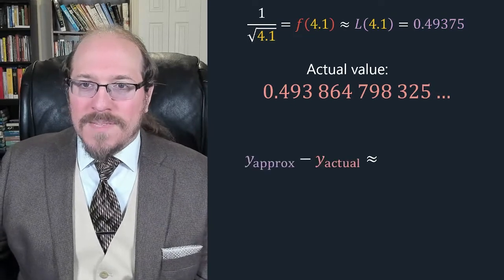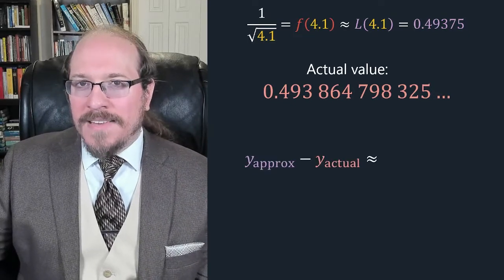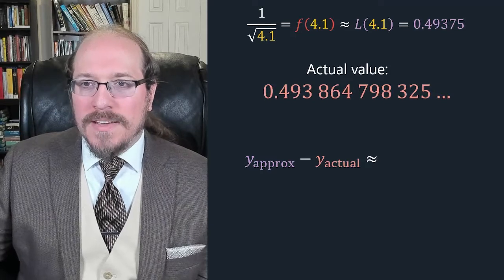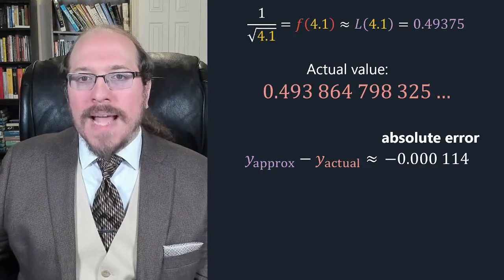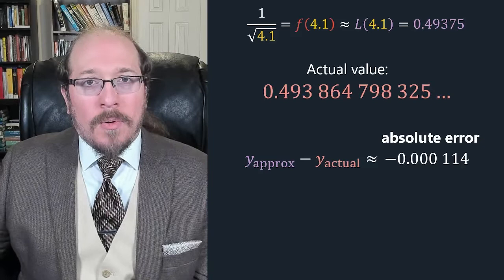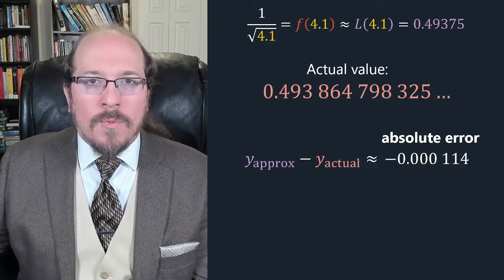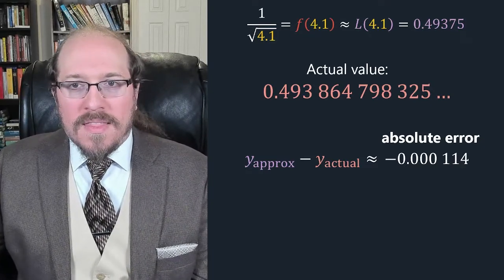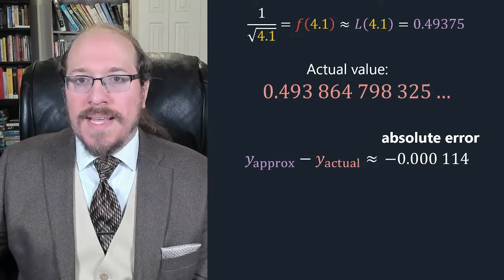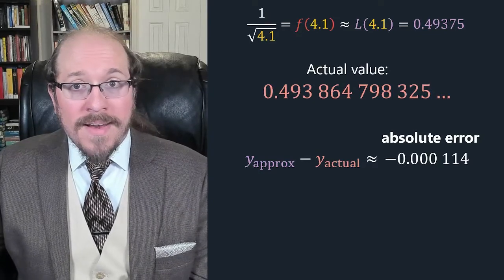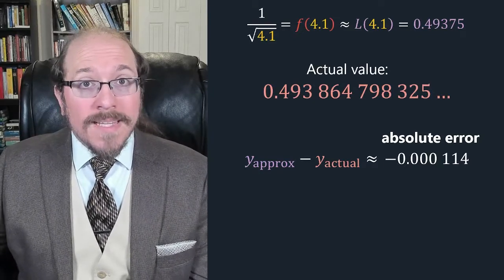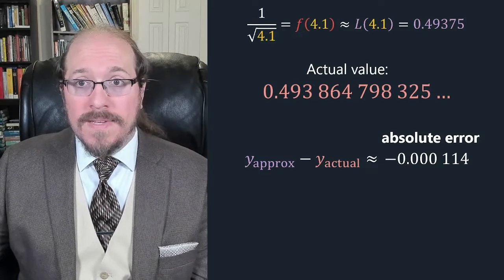Now, if we subtract our approximate value minus our actual value, we get an absolute error of about -0.000114 or so. That's how far off our estimate is. And the fact that we got a negative number confirms that we really do have an underestimate.